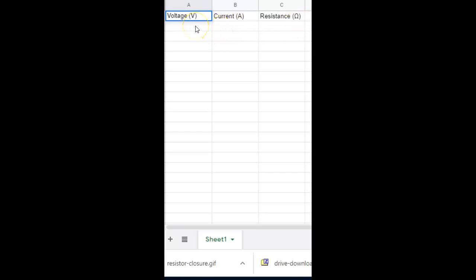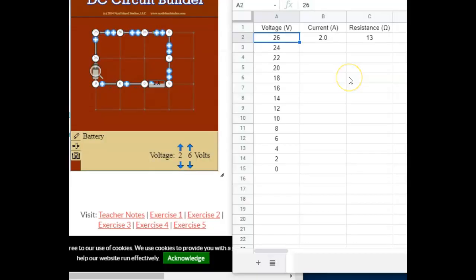All right, so you're going to be changing your voltage, and you're going to be reading the current that results with a fixed resistance. And so I basically put these all in the same table, and I'll show you how I'm going to be collecting my data.